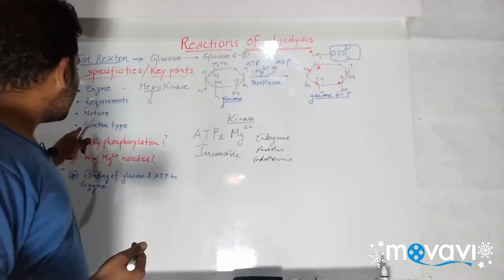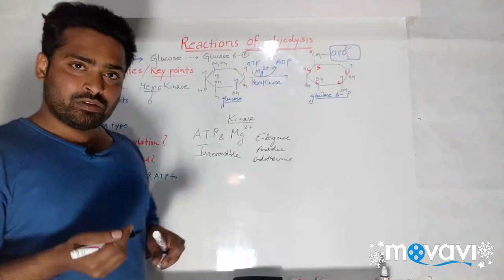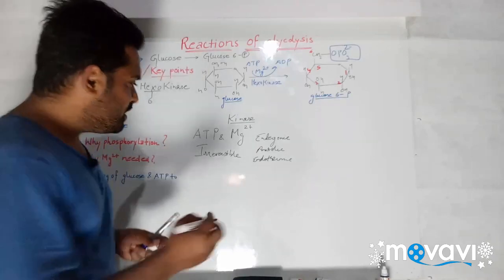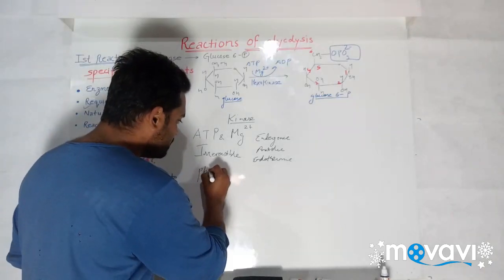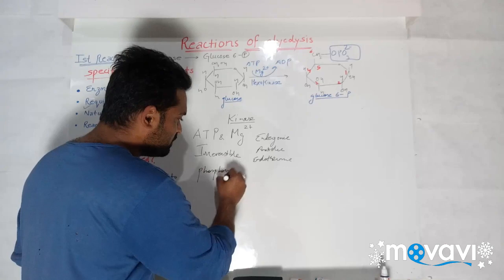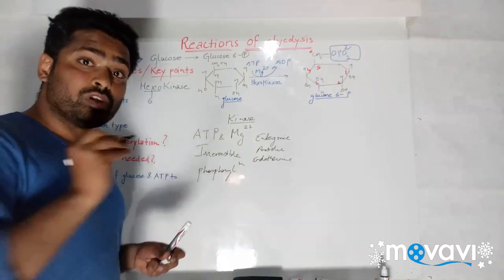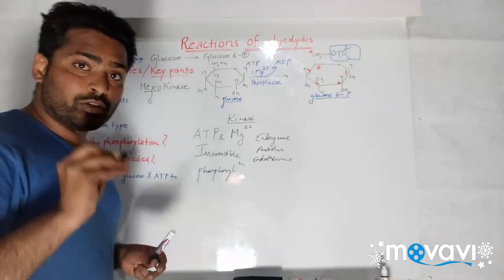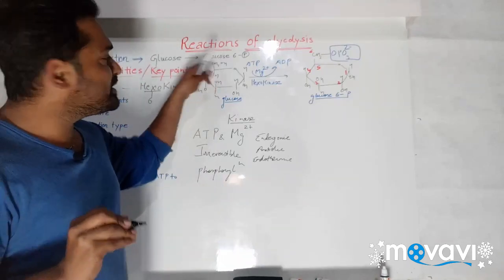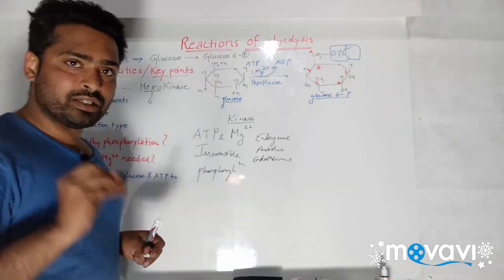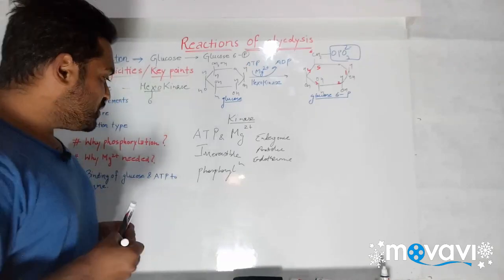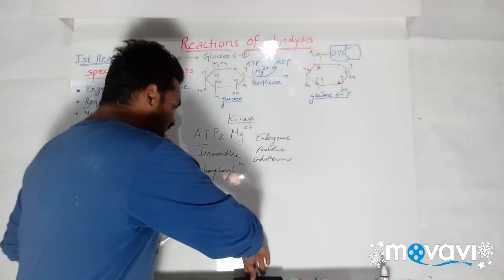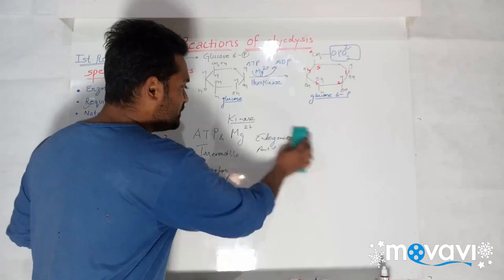Then the reaction type. What is occurring in the reaction? Phosphorylation. Phosphorylation means there is addition of a phosphoryl group on the hydroxyl group of the 6th carbon. So this is about the specifications or the key points of this reaction.